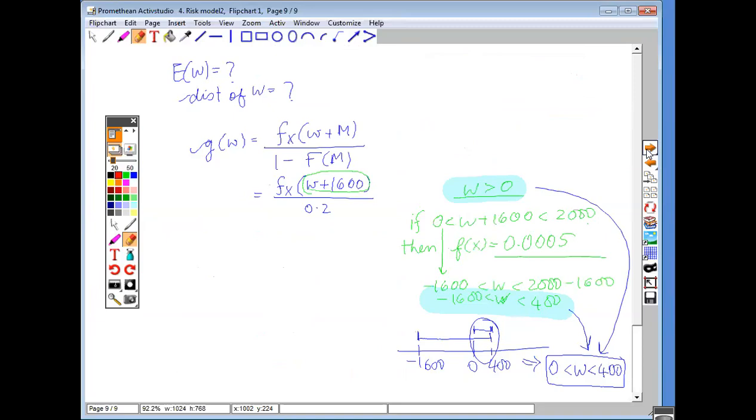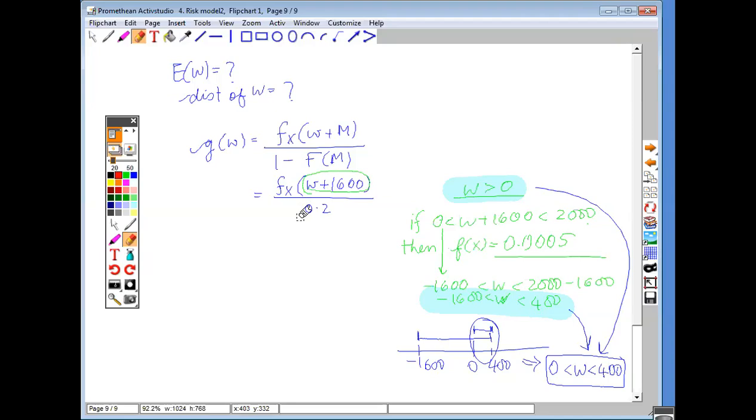So now what I'm looking at here is f of x at W plus 1600. Only for the times when this is between 0 and 2000, my f of x will take this particular value. Otherwise, it's going to be 0. And 0 upon 0.2 is just 0, right? So it's not really going to add up to anything.